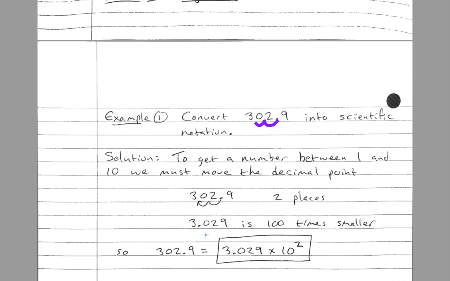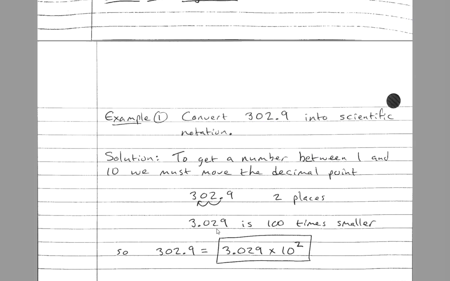Okay, we've changed the number. If we move the decimal point, we've made it 100 times smaller. So it was close to 300. We've made it close to 3, so that's 100 times smaller.